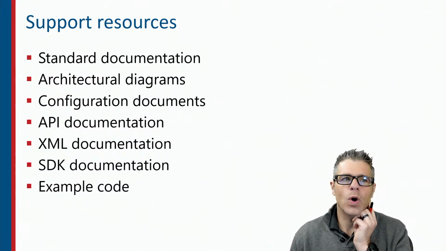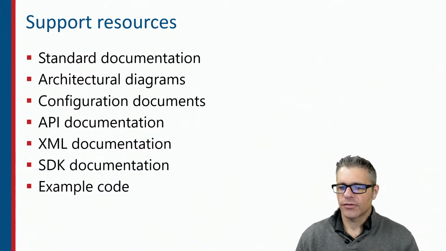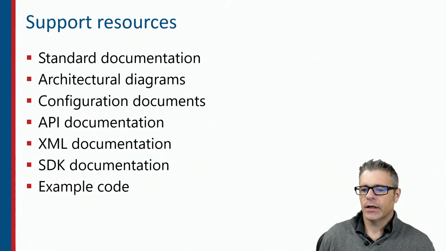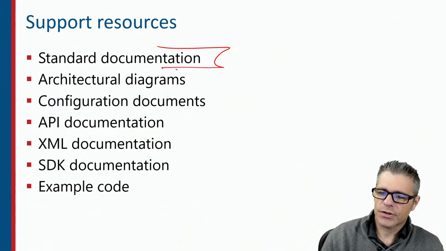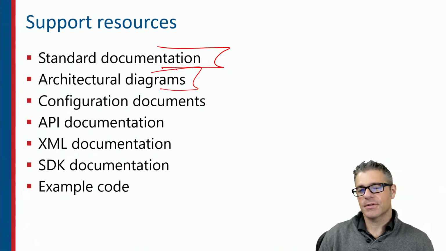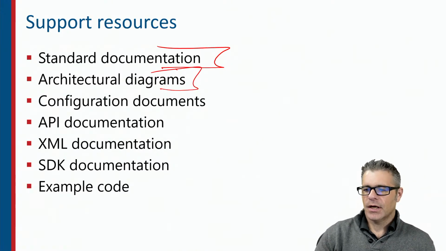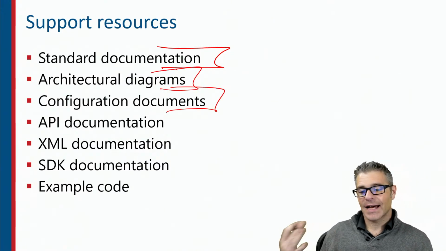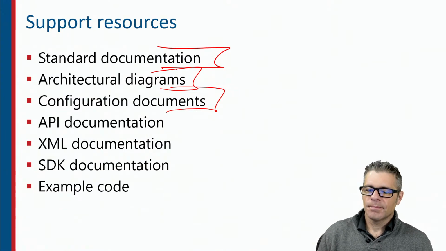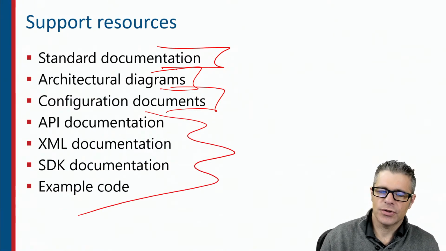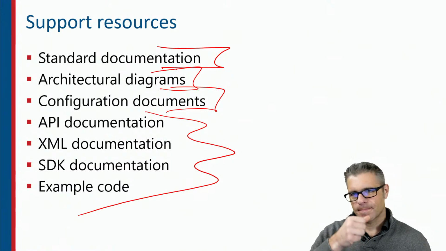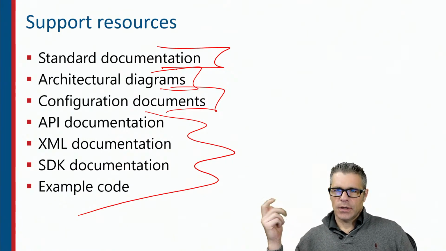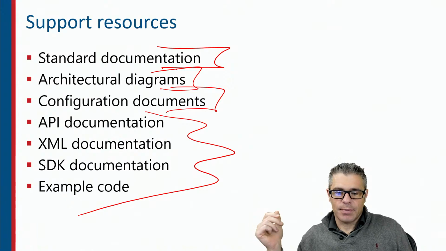You can't do that. So depending on what type of pen test we're talking about, some of this stuff might become very useful. Documentation of your network is going to be good, architectural diagrams if we're talking about a physical pen test, and how things are configured, if that documentation is available, would be great. This stuff starts to get more into AppSec land, where if we're testing your API, the documentation for the API might be useful.